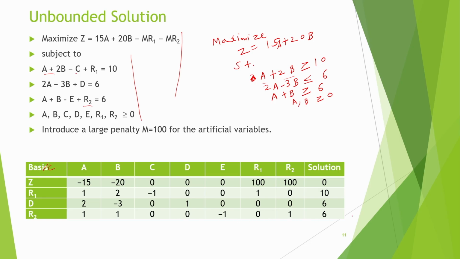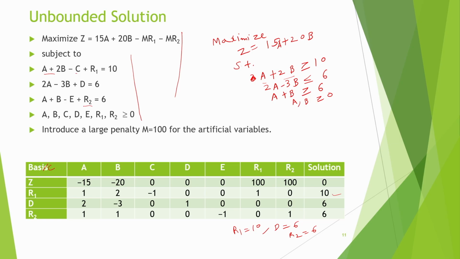So the starting solution is basically R1 equal to 10, D equal to 6 and R2 equal to 6. This is the basic solution. These are artificial variables, that is why we have added them. Now this is not consistent, because R1 is equal to 10, but my maximization is Z equal to 15A plus 20B, and I want R1 and R2 to become 0.